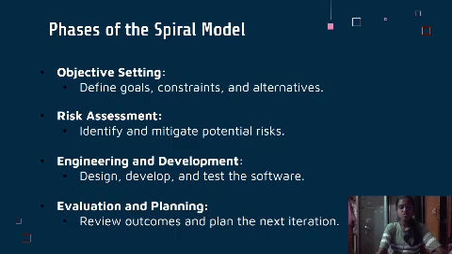In this phase you will be defining the risks of the project, what may occur in the future timeline. The third one is the engineering and development, which is the most important part of the development process, wherein you will be designing, developing and also testing the software. The last phase of the spiral model is the evaluation and planning phase, wherein you will review the outcomes and plan the next iteration of the model.